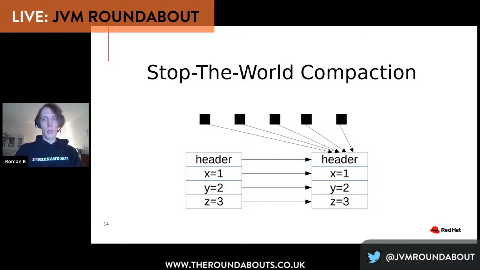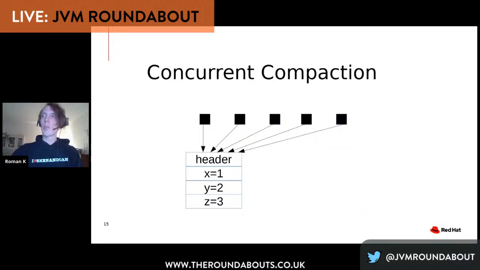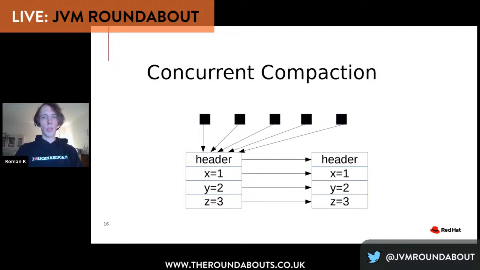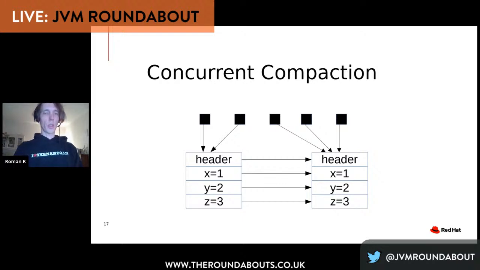Now, if we want to do this concurrently while the Java application is running, you have a situation like this. You have your object, you have a couple of references pointing into this object. You copy it, and then you update all the references, and then you have the situation: some references point to the old copy, some point to the new copy.